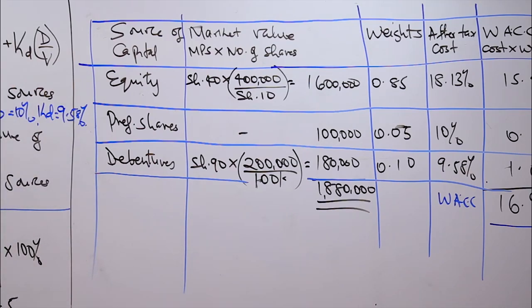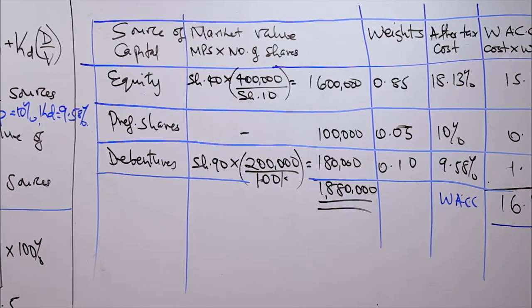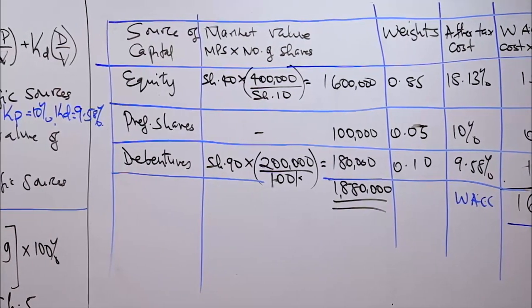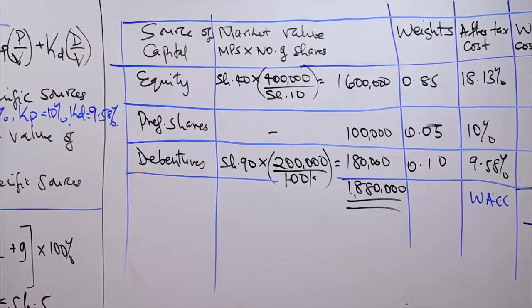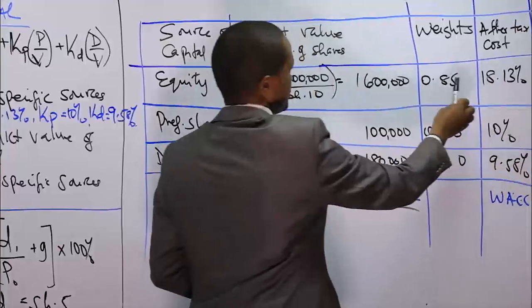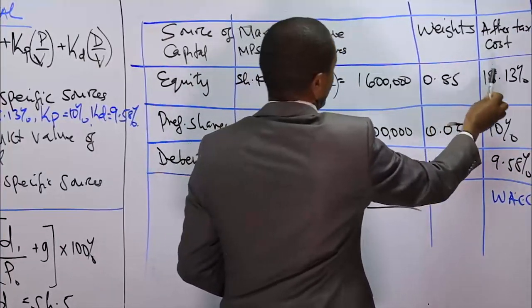So the weighted cost of capital is 16.91, and I've just used a table, but it's still the same concept. Remember, this is the formula: KE times E over V plus the others. This KE times E over V is what we have determined here, because we have multiplied the weight by the cost.